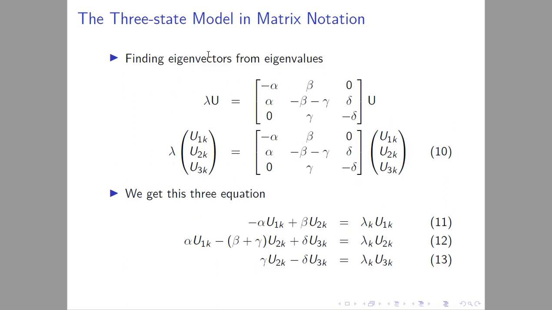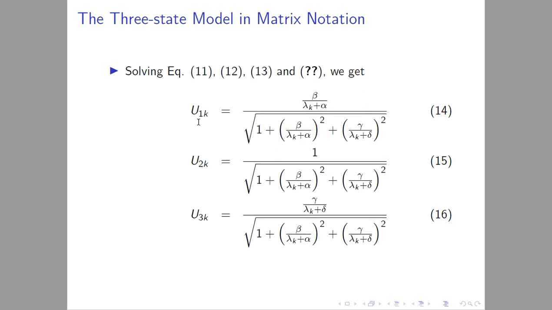Finding the eigenvalue using this matrix notation, we get equation 10, and from this we get equations 11, 12, and 13, and solving them, we get u1k, u2k, u3k.